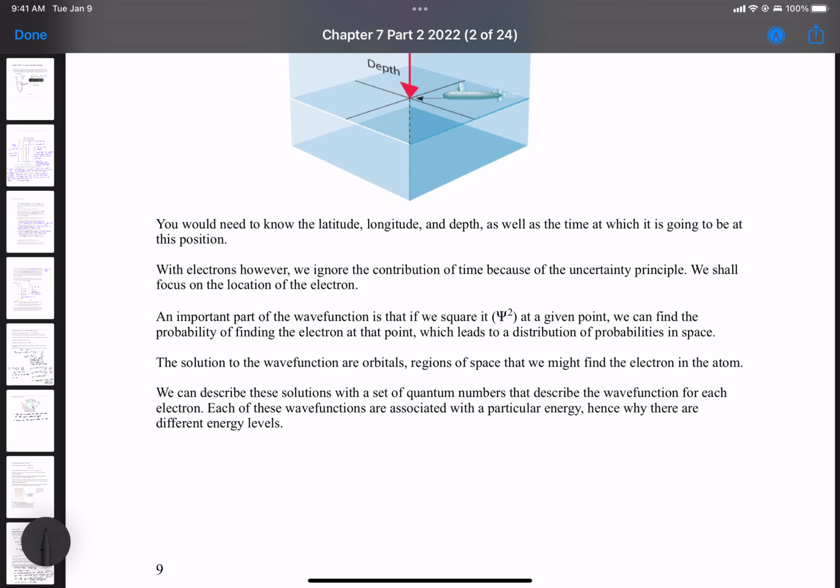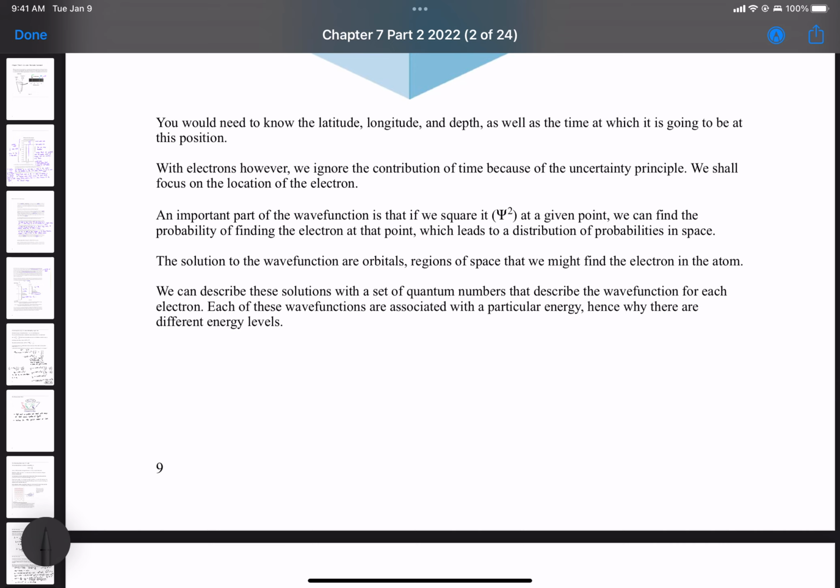So that's why we talk about these quantum numbers. When you learned about the quantum numbers back in high school chemistry, it might have been very hard to grasp, but I hope when we talk about it here, it'll be a little bit easier.